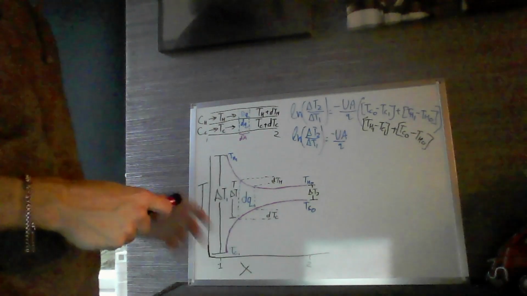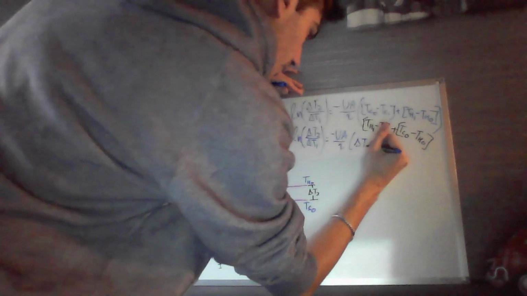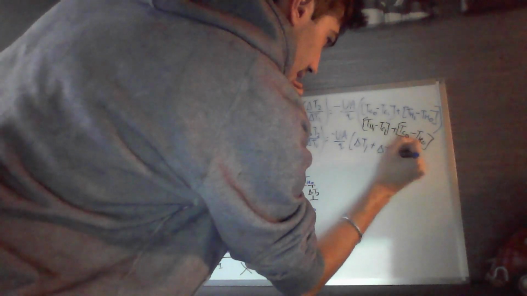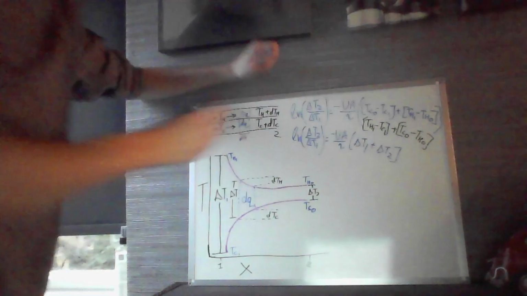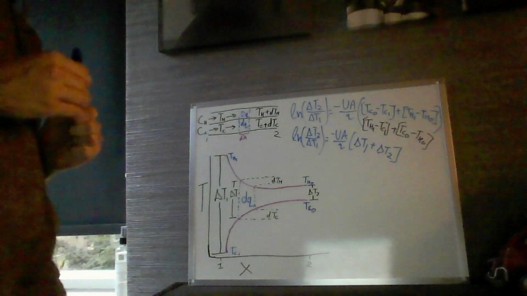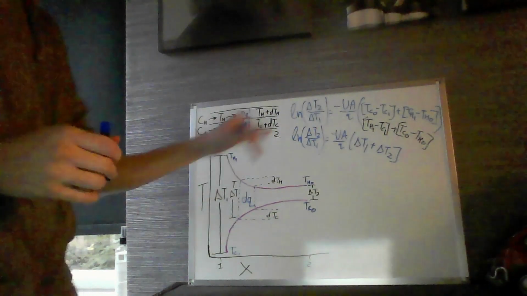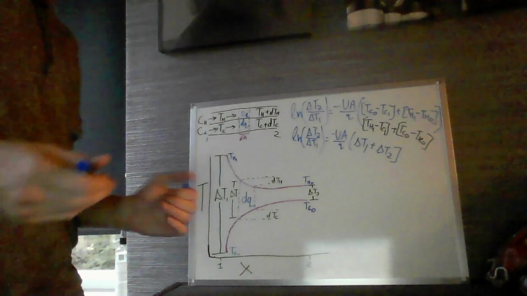So we can go ahead and plug that in here so that we have delta T1 plus delta T2, right? Then now we can get this in terms of Q by itself on the left hand side and bring this logarithmic term to the right, so that we have Q is equal to negative UA.